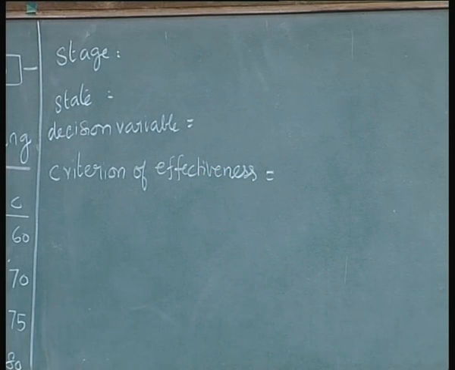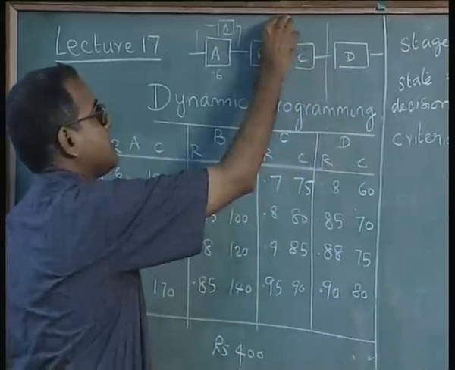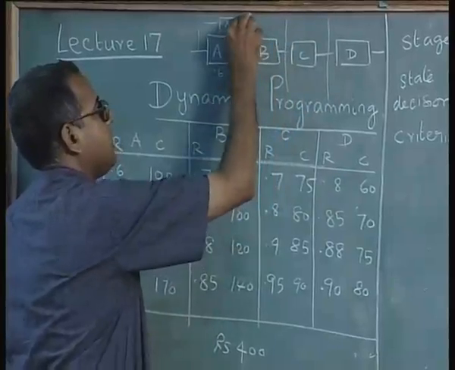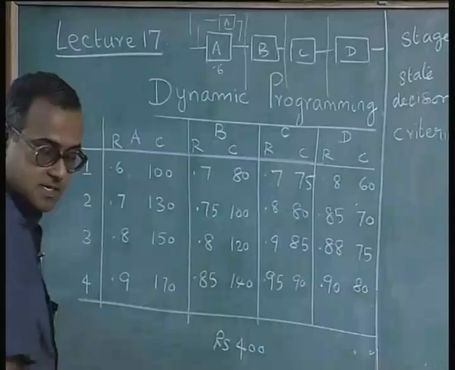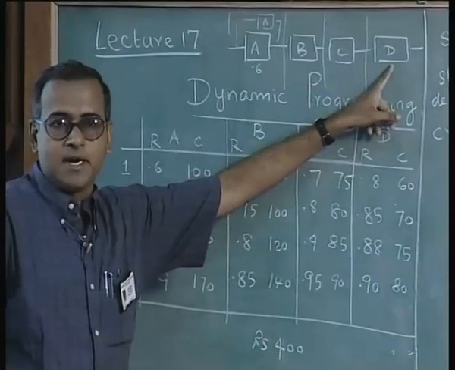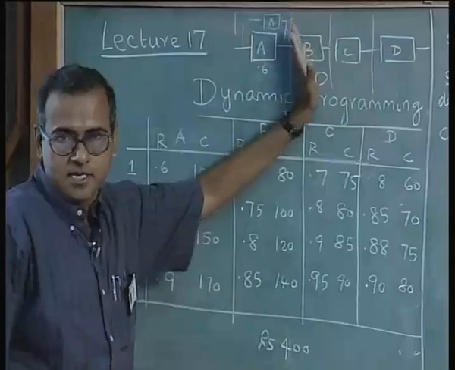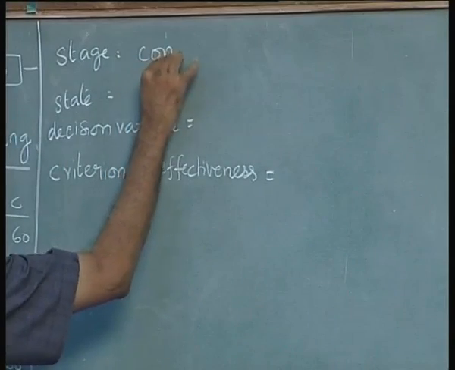Now as far as this problem is concerned, if we follow a backward recursive approach, then when we have one more stage to go, we would be somewhere here. If we have 2 more stages to go, then we will be here, 3 more will be here, 4 more will be here. So stage is each component, because we make a decision for every component as we follow a backward recursive. So stage is component.